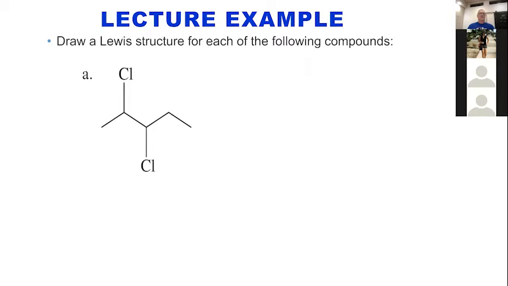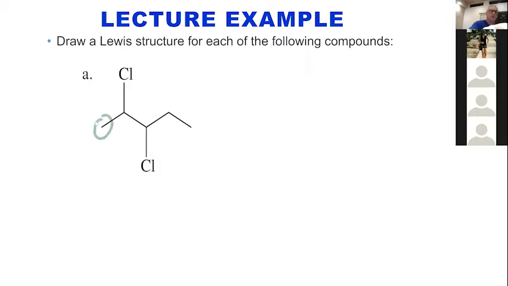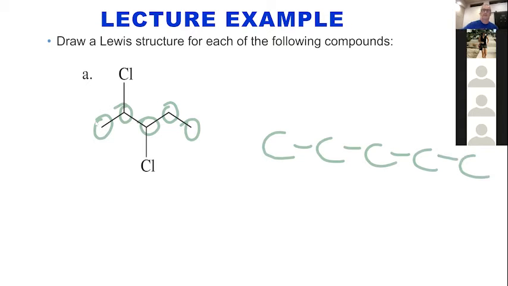All right. So if we were to draw a Lewis structure for this one, what's the length of our carbon chain? 5, right. 1, 2, 3, 4, 5.